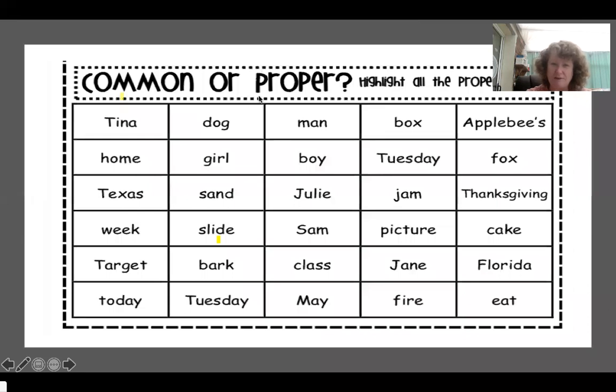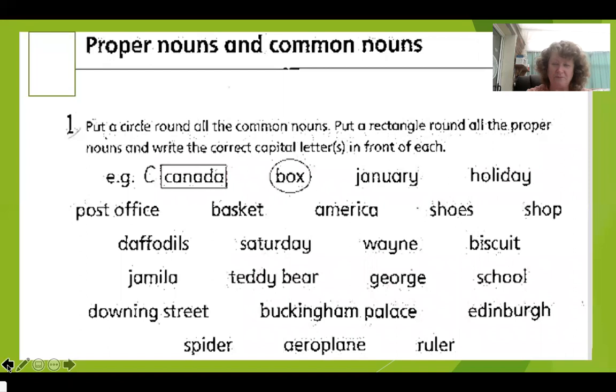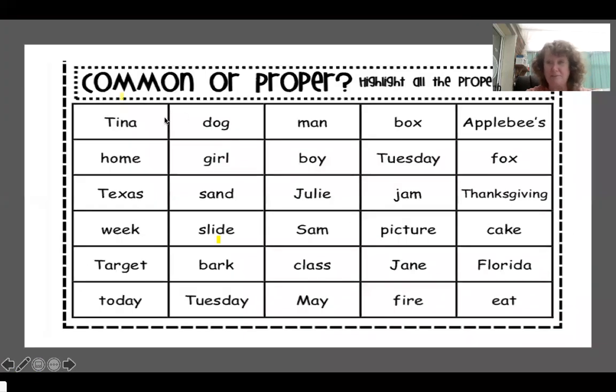Right, let's try this again. No. Oh dear. Well, I'm going to have to point and tell you. I'm really sorry about that. I don't know why that's not working. That's really strange. It should be. Let me see if we can do spotlight instead. Here we go.